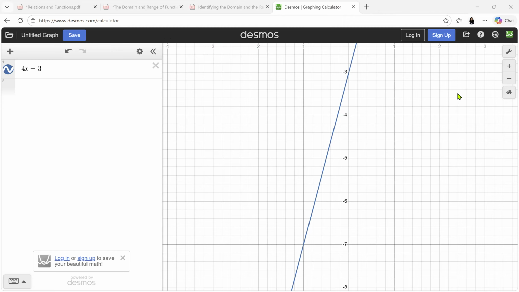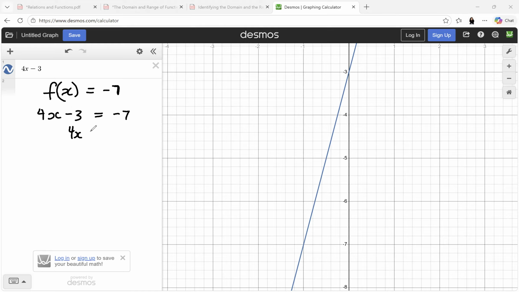We could work it out algebraically, Atina. So if f of x is equal to -7, algebraically, what this would mean is I have to solve for x when 4x minus 3 is equal to -7. So 4x minus 3 is equal to -7, and then you solve for x.